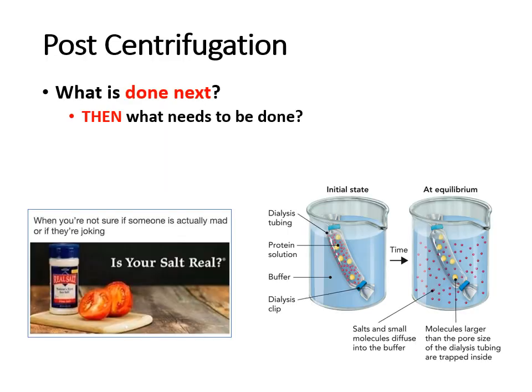Now, once you've done that, the next thing that you can do is called salting out. Basically, you're going to use differences in solubility of the target protein relative to other proteins in that fraction that you collected. You add increasing amounts of very saturated salt solutions to your protein sample.